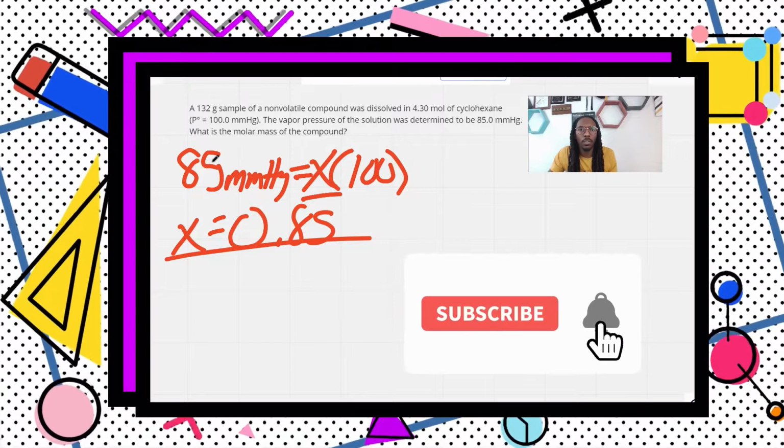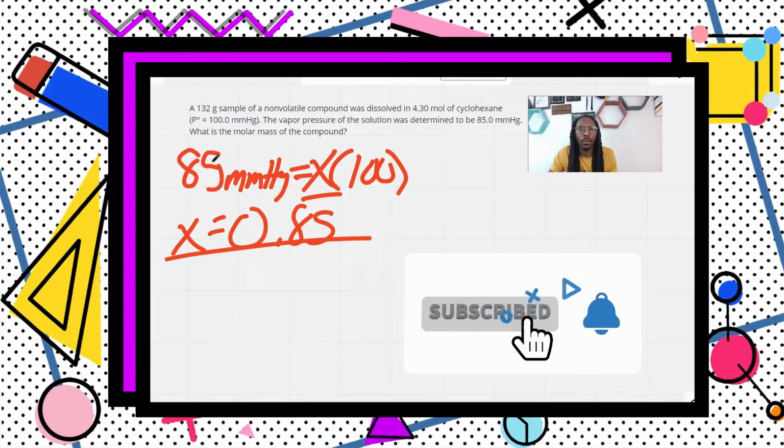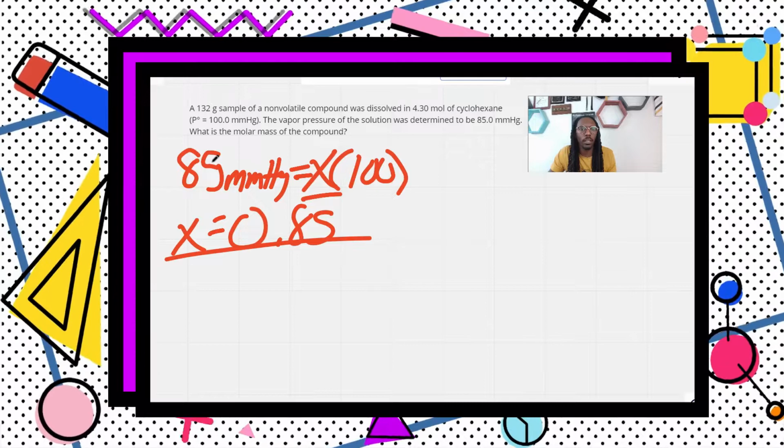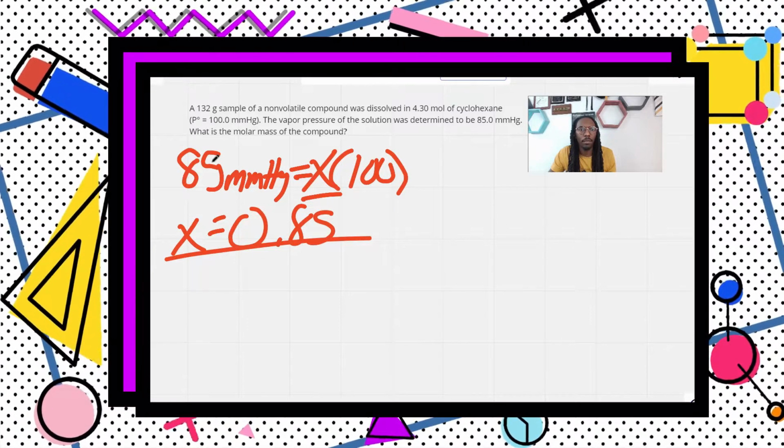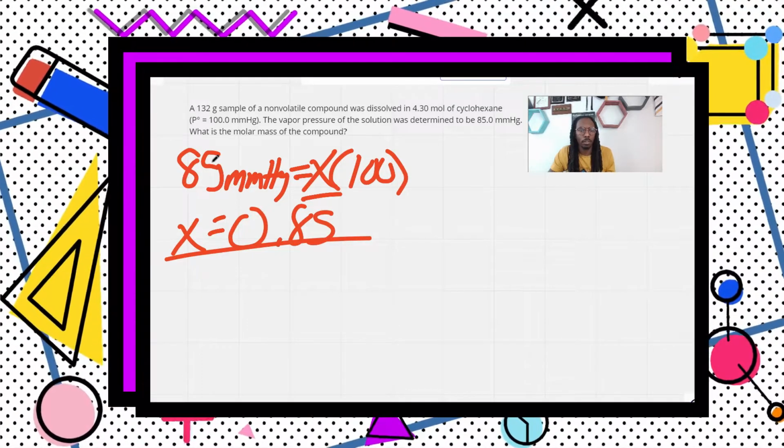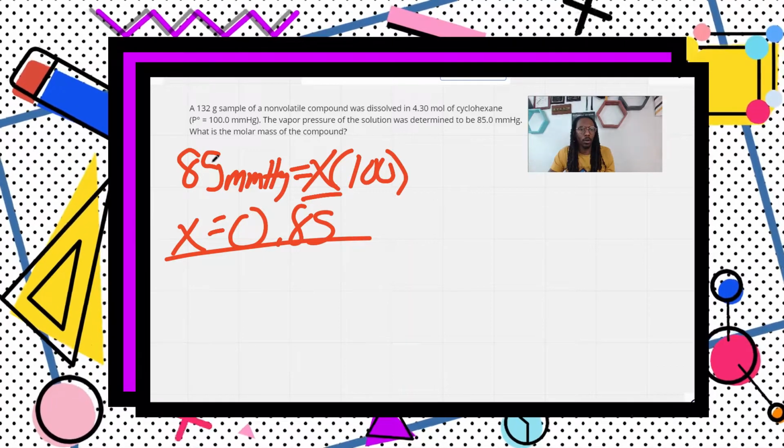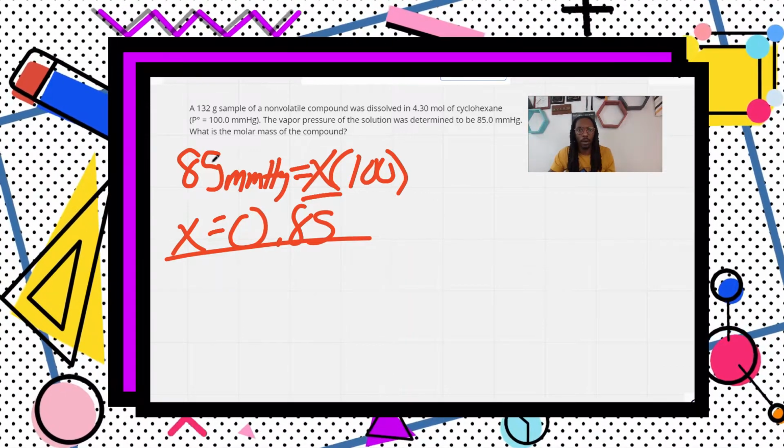If we look at what's given, I have 4.3 moles of cyclohexane, and I also have 0.85 for my mole fraction.